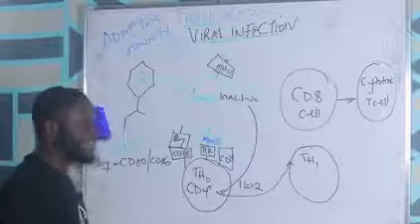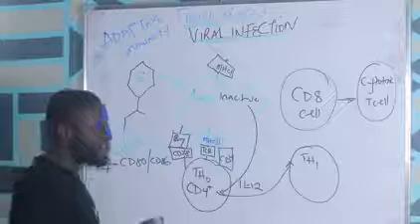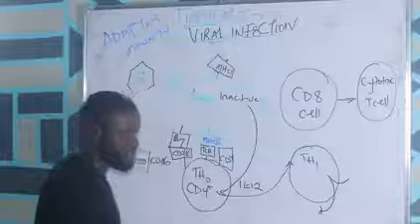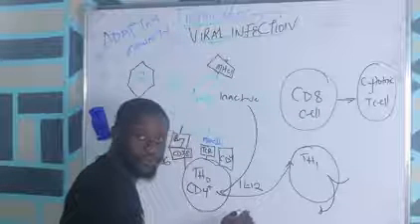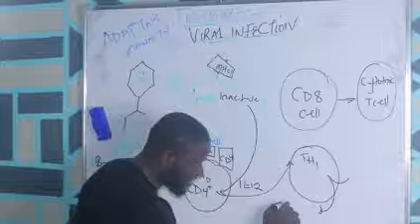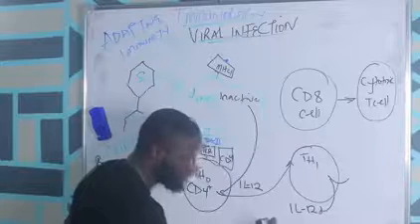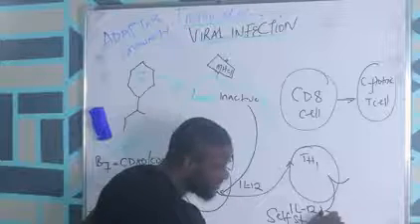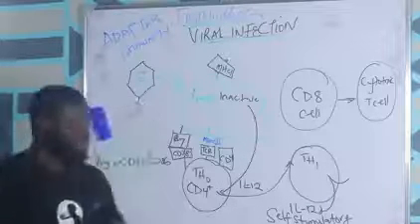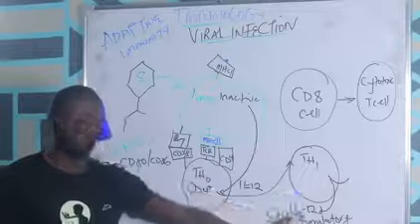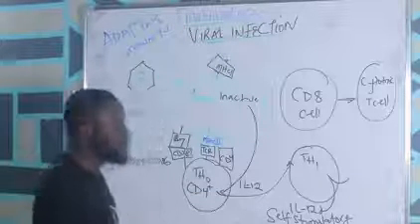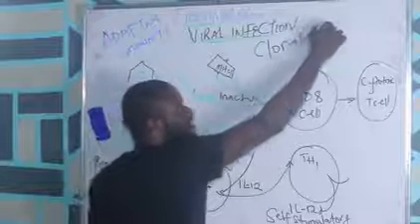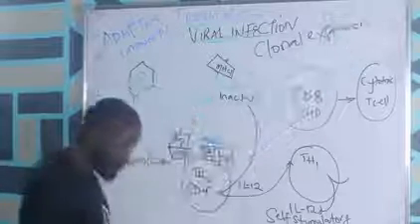So now, after doing this, the TH1 also does two things. First, it produces two different substances. The first one it produces is called interleukin 12, which is self-stimulatory. Why is it called self-stimulatory? The TH1 produces IL-12 because this enables it to undergo clonal expansion. So please take down these notes.